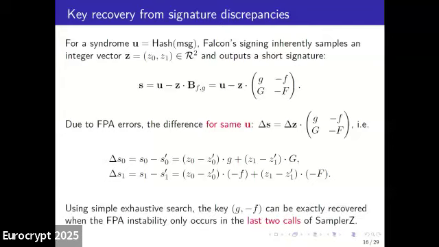When the floating point arithmetic instability only occurs in the last two centers of the sample Z, we can eliminate the delta Z, and delta S is a short polynomial. We can use a simple exhaustive search to perform the key recovery.